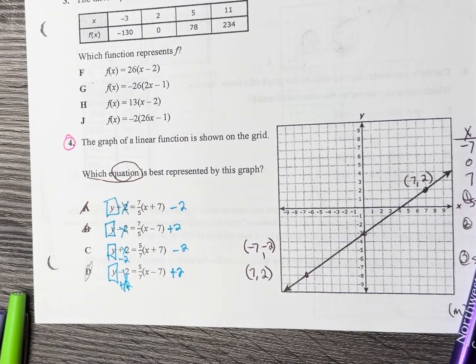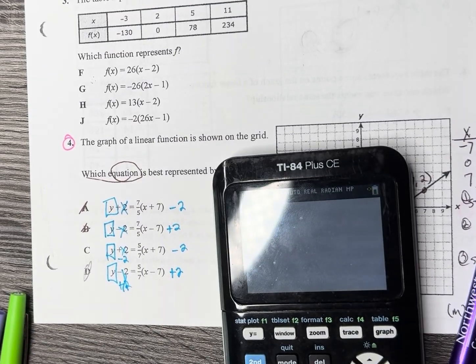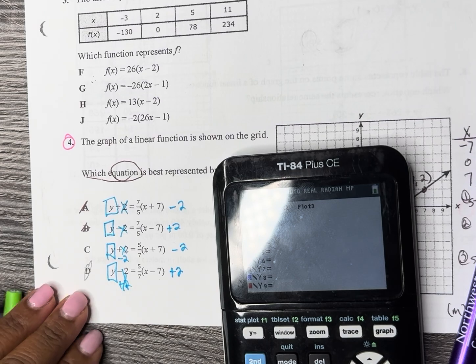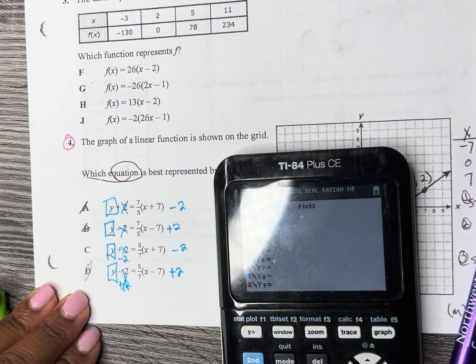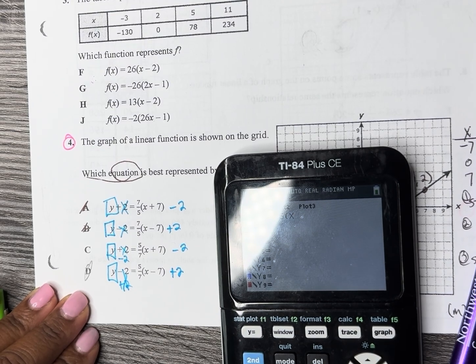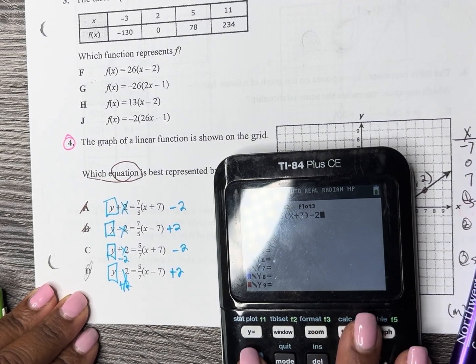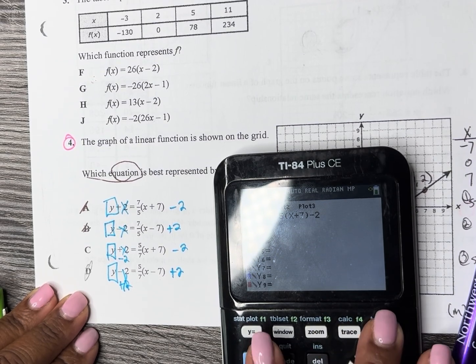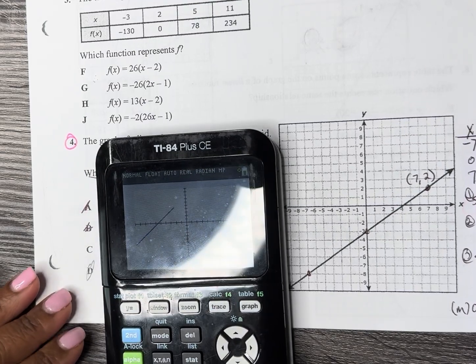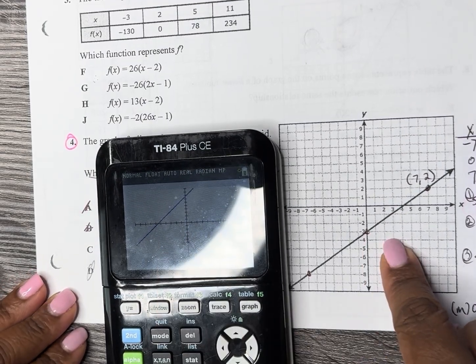So what you can do is take your calculator and plug these into your Y equals. So this would become, for instance, 7 over 5, parentheses, X plus 7, close parentheses, -2. And if I go ahead and press graph, I can compare and see, does this graph look like this graph?